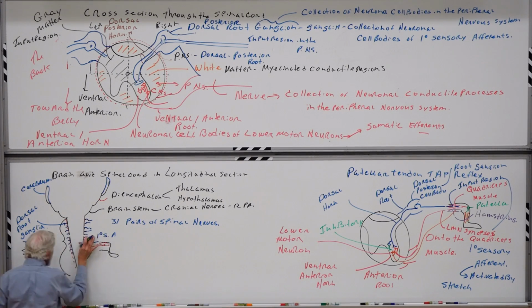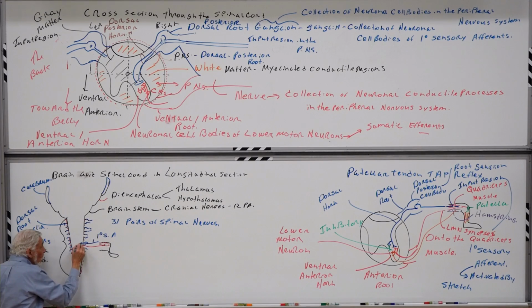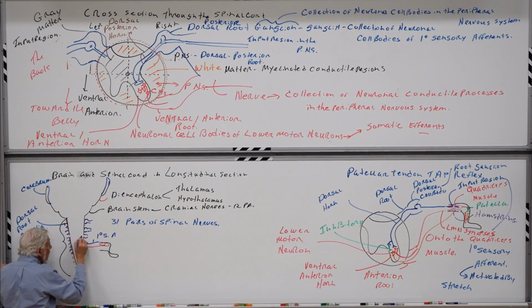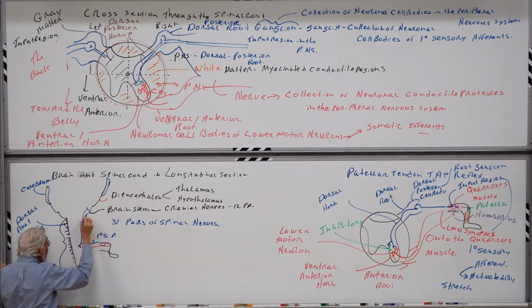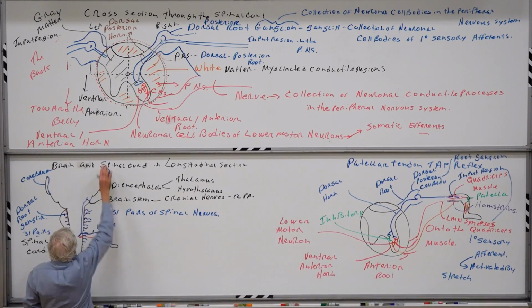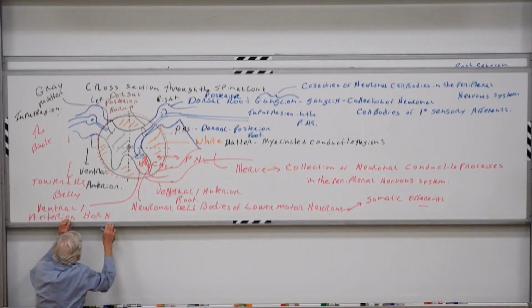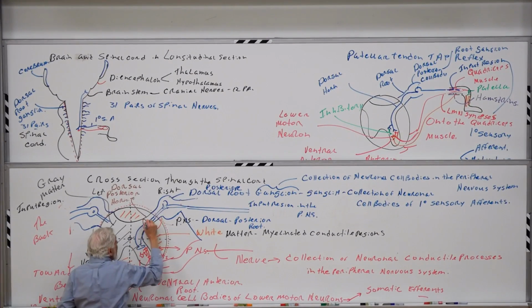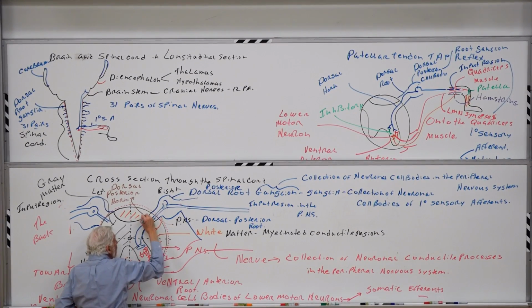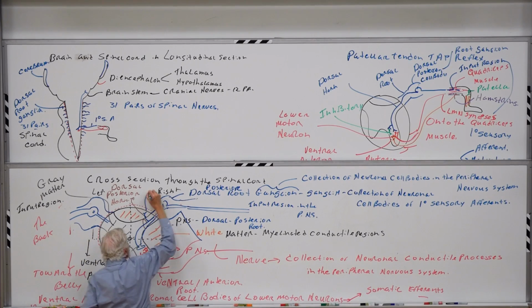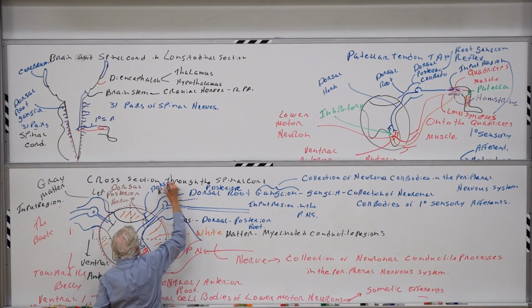This primary sensory afferent comes into the cord, and not only does it enter the cord, it also sends a process all the way up to the brainstem. This process here is going to be located in the white matter here called the dorsal columns.